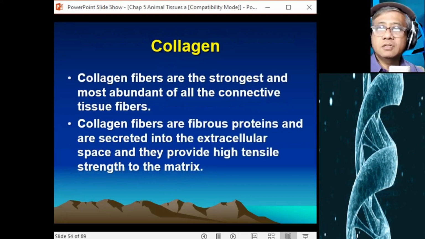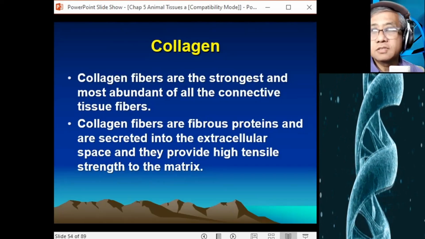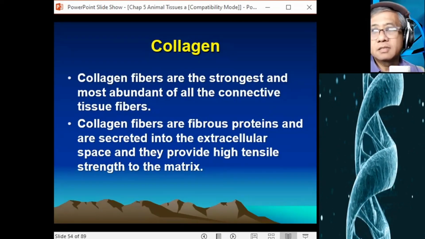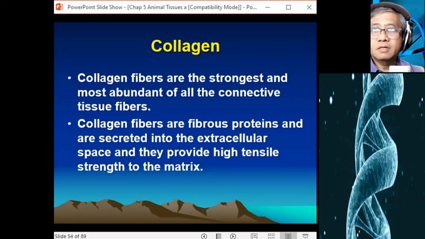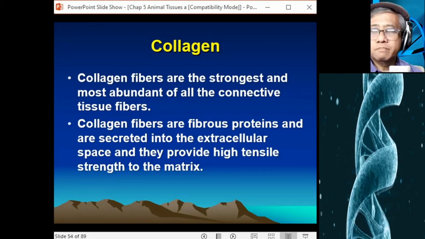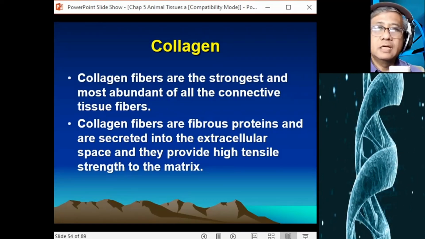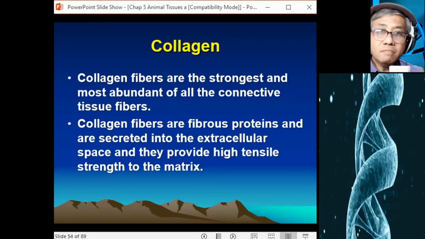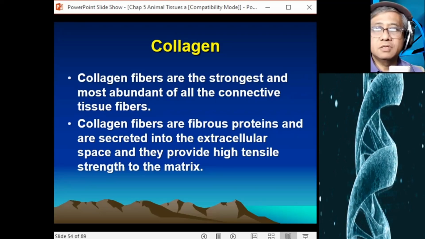Alright, collagen, these are fibers in the connective tissue that are the strongest and the most abundant. Collagen fibers are fibrous proteins and they are secreted into the extracellular space and they provide high tensile strength to the matrix. So, ito yung pinakamatibay and pinakamarami rin sa lahat ng fibers sa connective tissue.